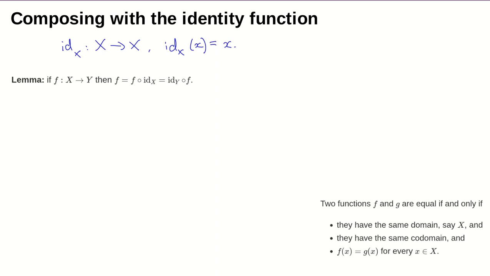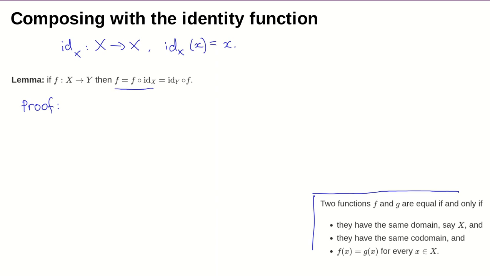So let's briefly see why one of these equalities is true. So proof, let's do this first equality here. So again, I've written at the bottom, I've reminded you of the definition of function equality. Two functions are equal if they have the same domain, the same codomain, and if they have the same output for every input in their common domain.